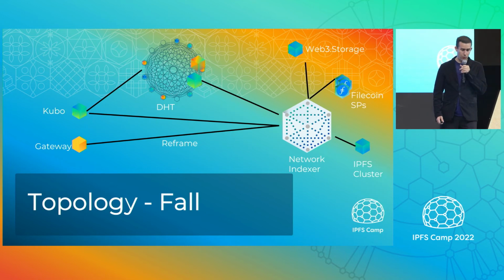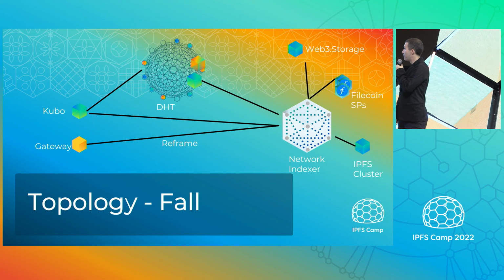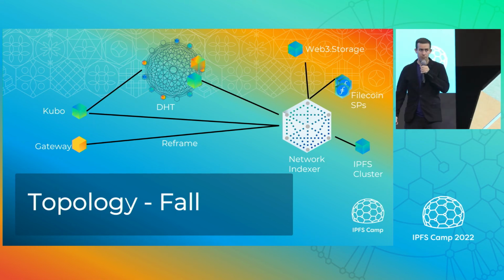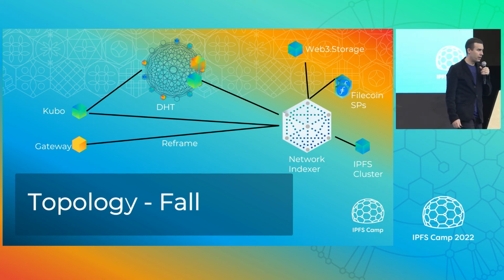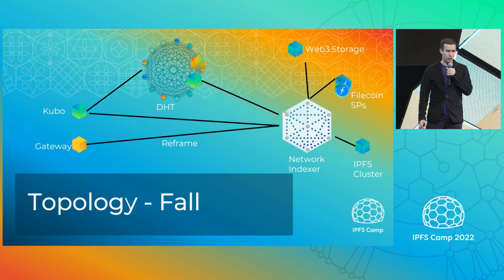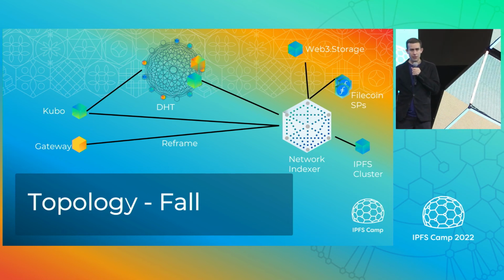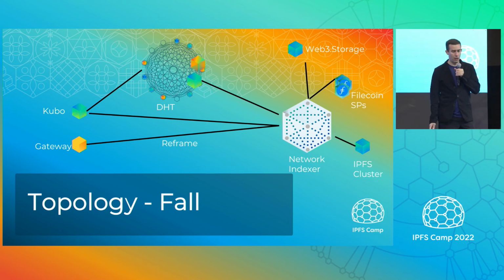Today, we've continued on integration work such that both clients and the gateway are able to query indexers directly in addition to the DHT. And what this gives you is a different set of characteristics around reliability. You know that all of your queries are going to this additional database in addition to the DHT, rather than they might hit the Hydra boosters. And it means that we get to experiment with this interface directly.